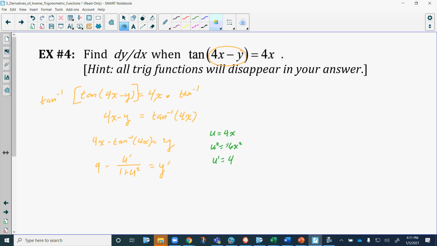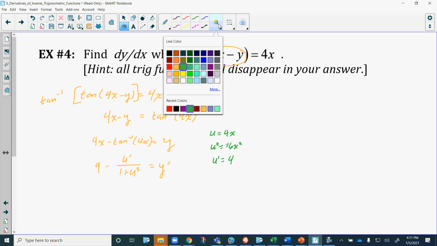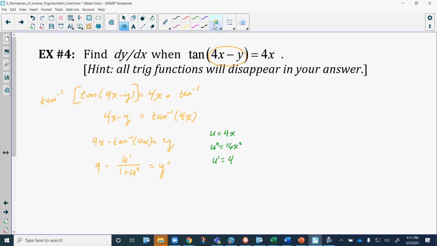So plug those into the expression that we currently have, and that's going to give me 4 minus, and so u prime in this case is a 4, over 1 plus 16x squared, and that equals the derivative.